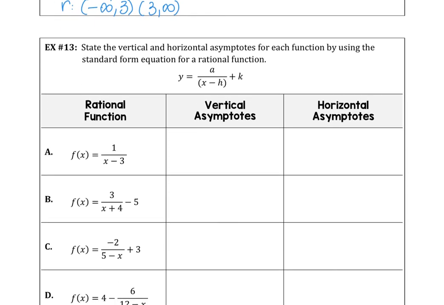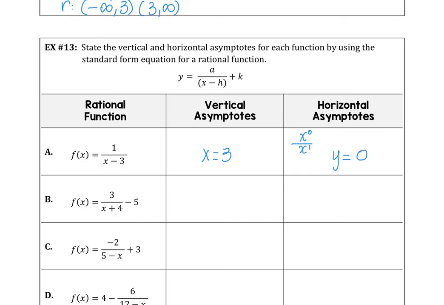If we could state the vertical and horizontal asymptotes for each function using this standard form, which is what we just did in example 12, you can see the vertical asymptote is at 3, and the horizontal asymptote, I've got x to the 0 over x to the first, so y equals 0.